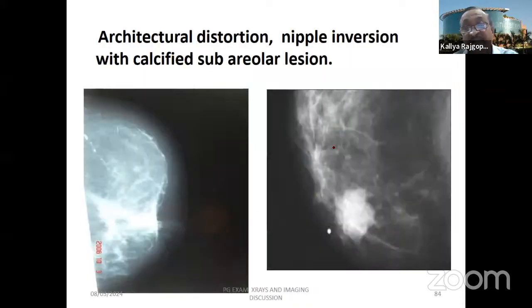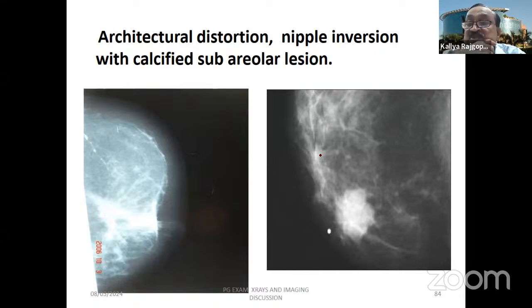Now, if you look at the other picture here, you can see extensive architectural distortion. You can even see the nipple is inverted, and there is a calcified subareolar lesion. This is in the first picture. Here in this picture, you can see spiculated margins, calcification, branching pattern, etc. So all this will give a diagnosis, palpable lump.